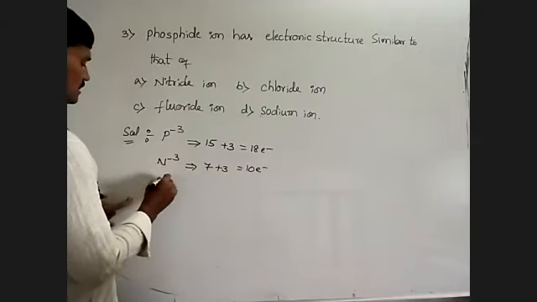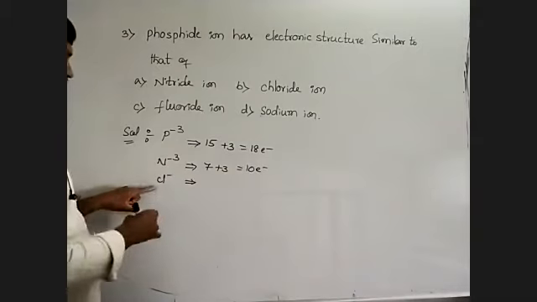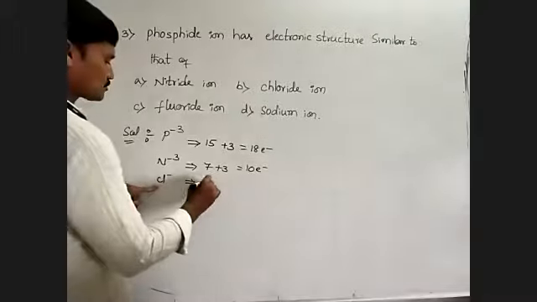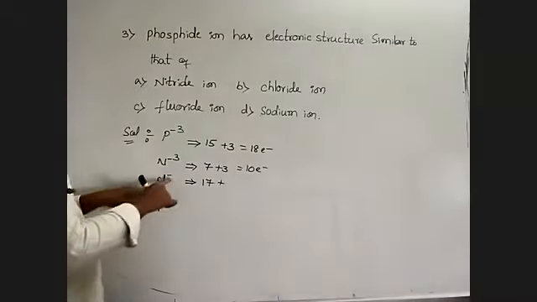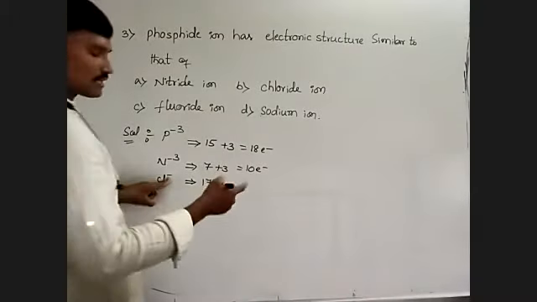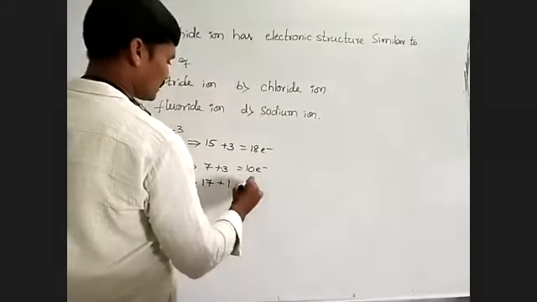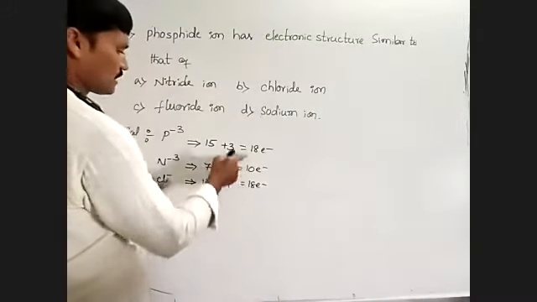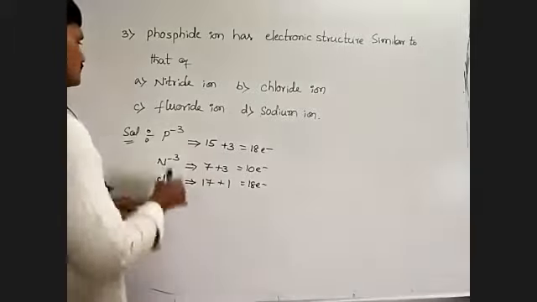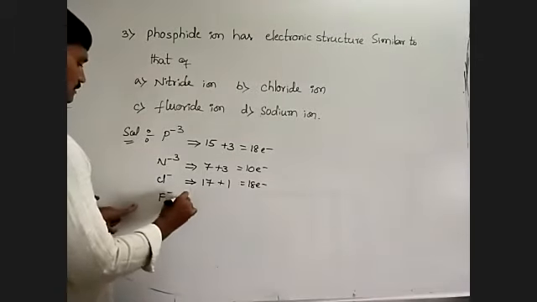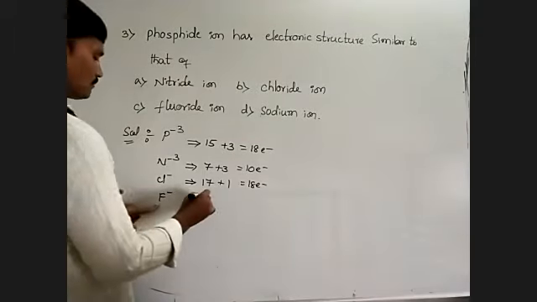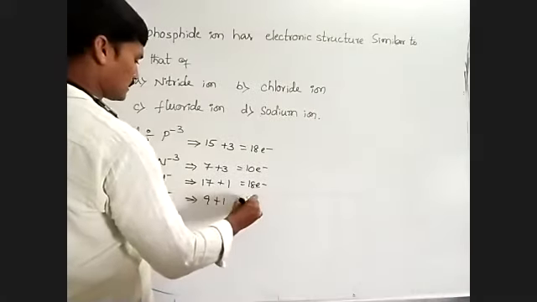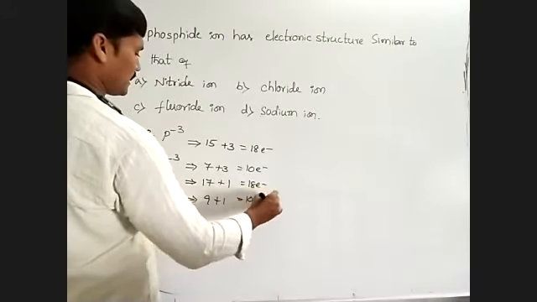Next, chloride, Cl minus. Chlorine atomic number 17, so it contains 17 electrons. Minus 1 means 1 electron extra, 17 plus 1, 18. So these both have an equal number of electrons. Next, fluoride, F minus. Fluorine atomic number is 9 plus 1, so it contains 10 electrons.